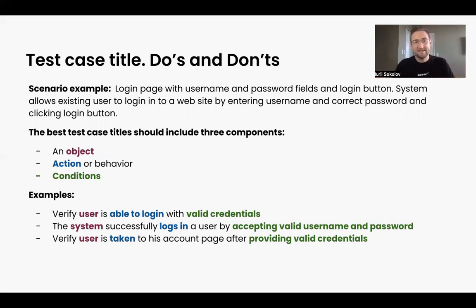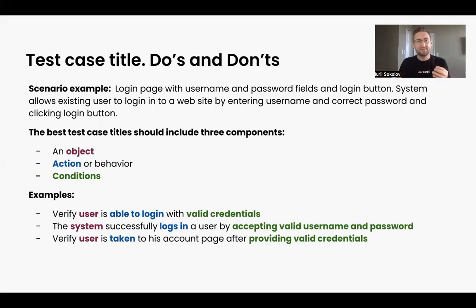Second thing is an action or a behavior. We need to add what we actually expect this element to do, or what should happen with our user, account, setting, button or image, whatever we are testing, whatever our object is.